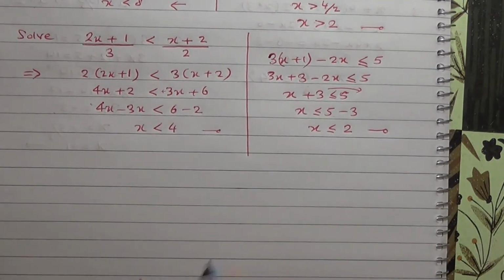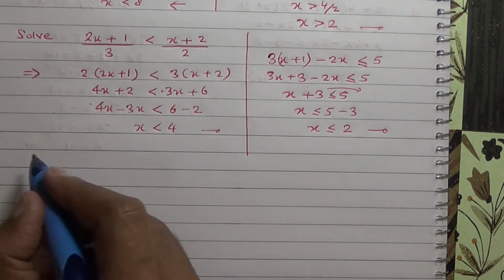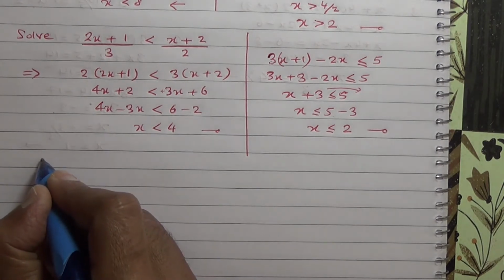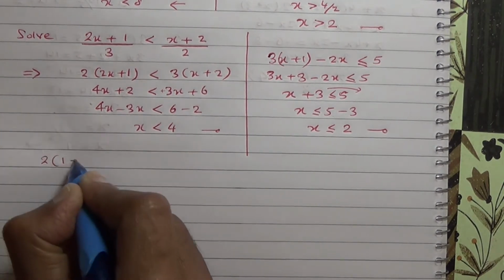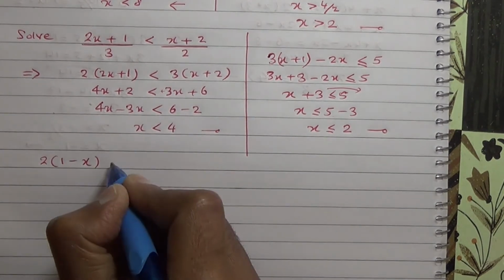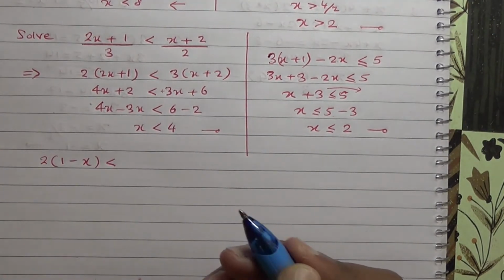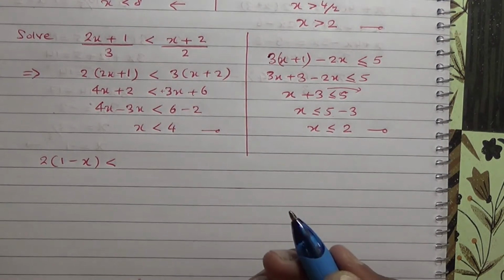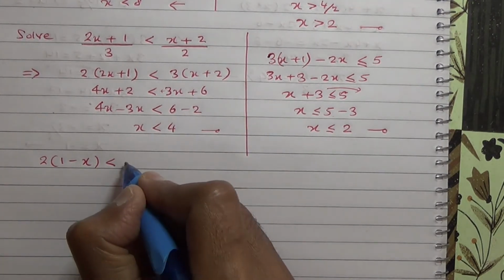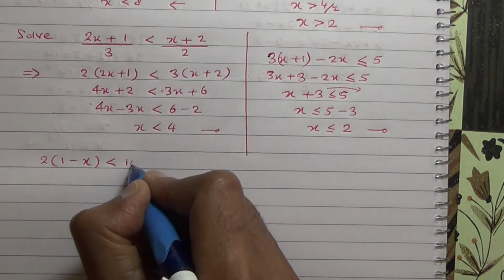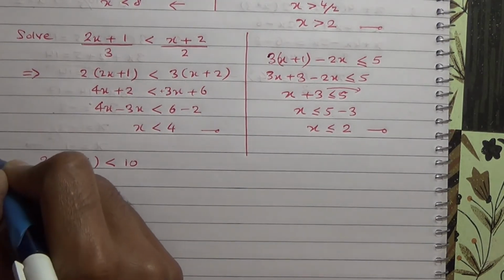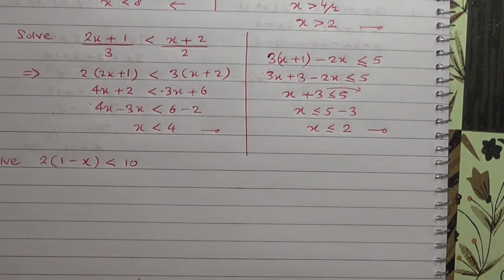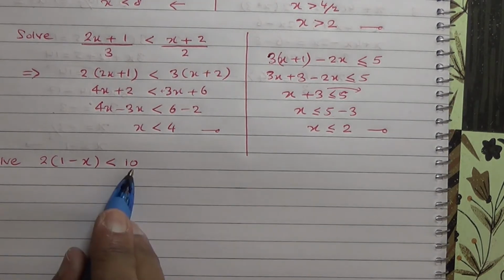Now, let's move on to something very interesting. If you get, let's say for instance, 2 into 1 minus x being less than, let's say, 10. If I tell you to solve this, the procedure is the same. You can either multiply this out, or you can send the 2 to the other side; it's up to you.